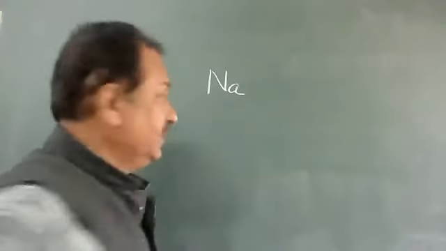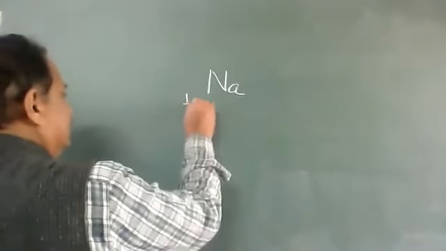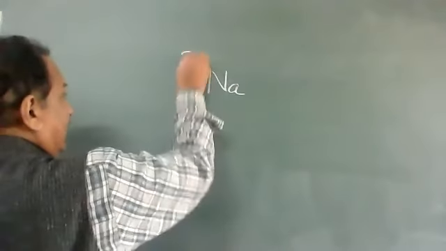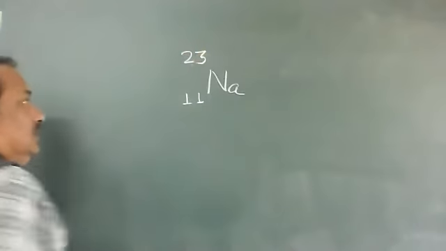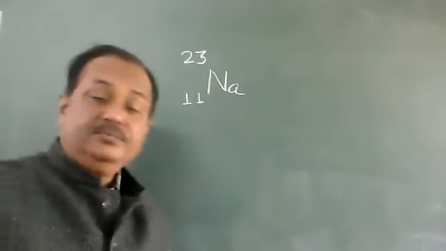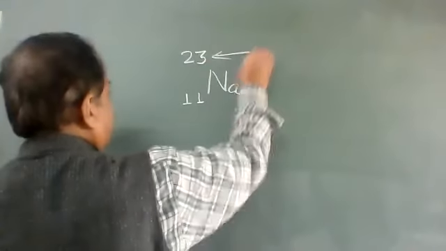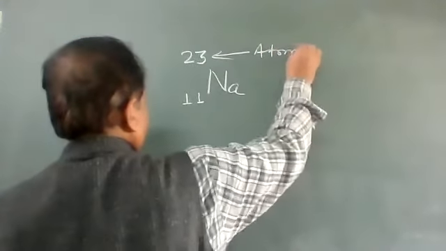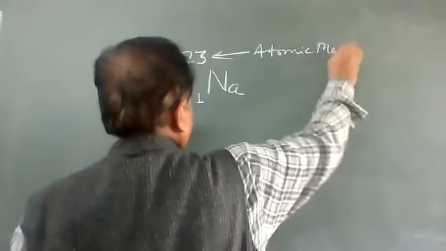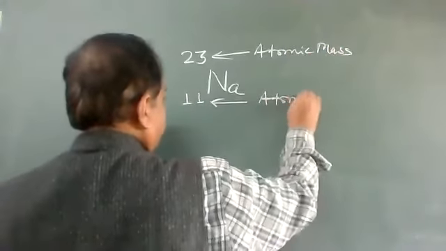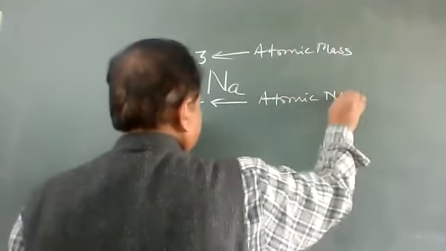On the lower left we write the atomic number, and on the upper left we write the atomic weight. So this is atomic mass and this is atomic number.